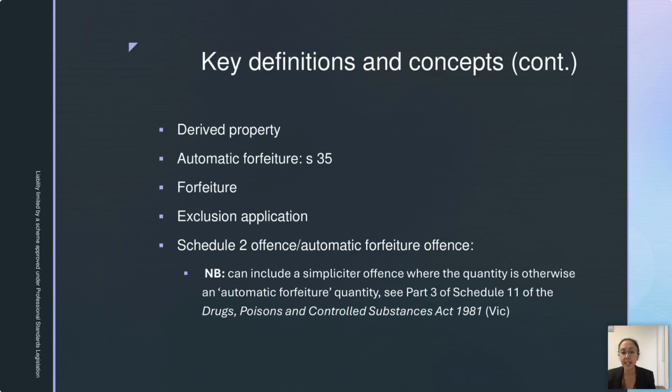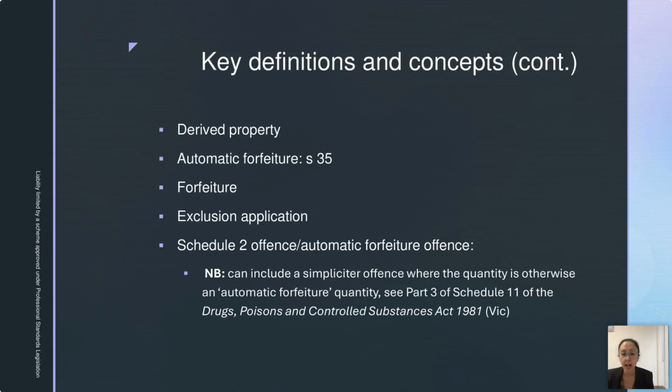I think it's a good reminder to note that Part 3 of Schedule 11 of the Drugs, Poisons and Controlled Substances Act has a column stating automatic forfeiture quantity, which means that even if a person is charged and pleads guilty to traffic simpliciter, if the quantity of the drug is at or above the automatic forfeiture quantity, that could equate to an automatic forfeiture offence.